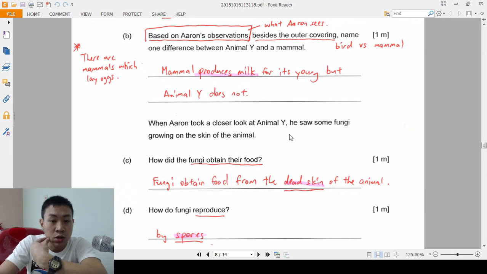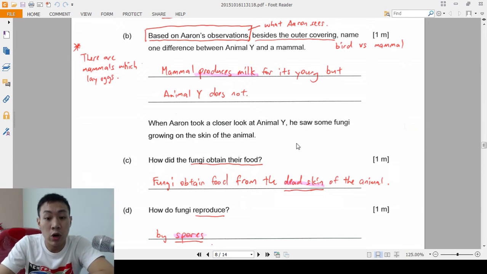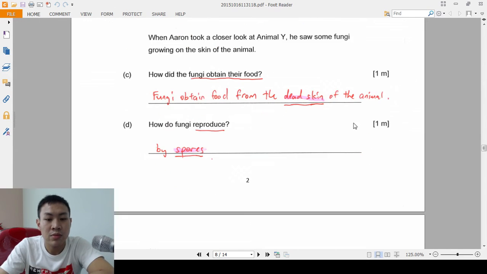We do have dead skin on our body itself. Okay, so fungi obtain food from the dead skin of this animal. And how do they reproduce? They reproduce by spores.